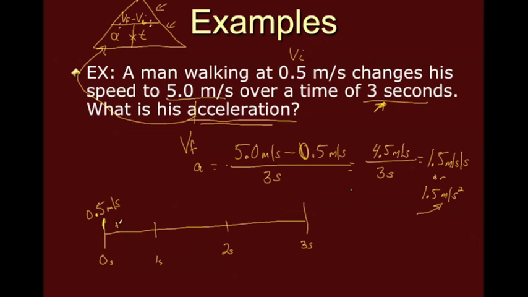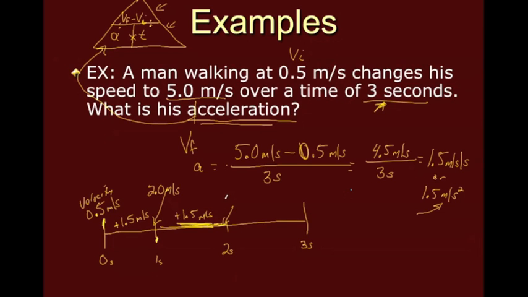So he increases his speed by 1.5 meters per second in the first second. So at this point in time, he would be moving at 0.5 plus 1.5, which would be 2 meters per second. That's his speed, or his velocity. Okay? So his velocity goes from 0.5 meters per second to 2.0 meters per second. And in the next second, he once again increases his speed 1.5 meters per second. Okay?